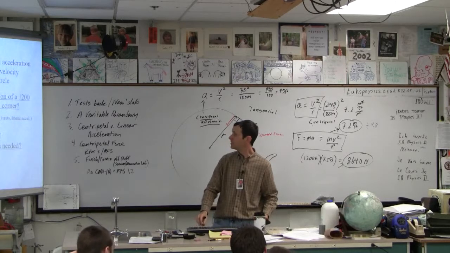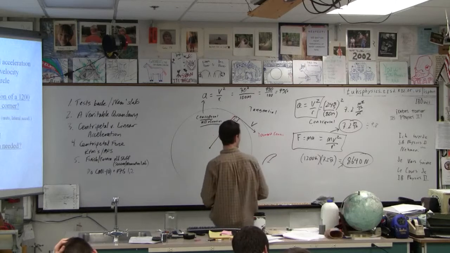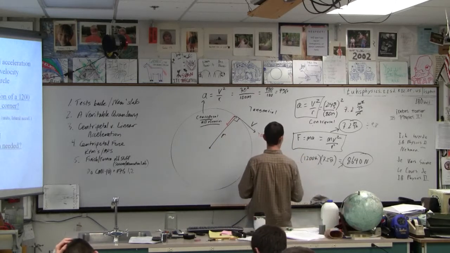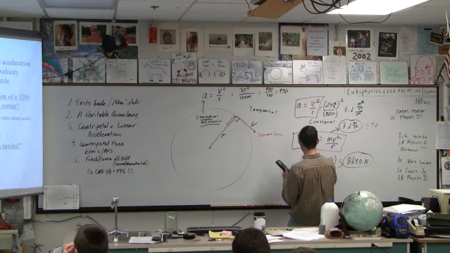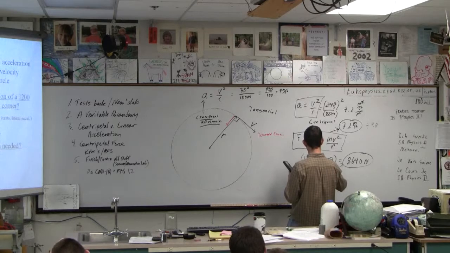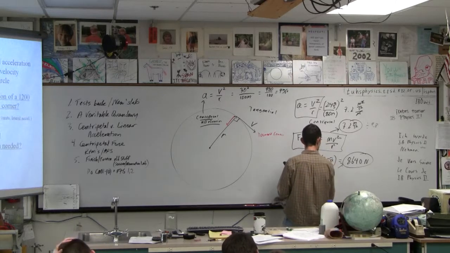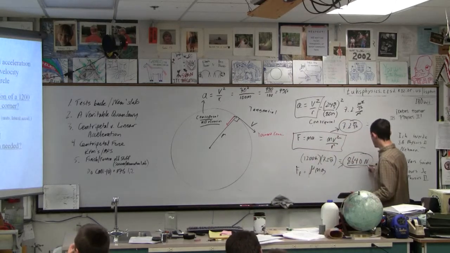What is the minimum coefficient of friction needed? Well, let's see. Oh, that's going to be tough. Can't we use a formula for friction? Isn't friction equal to mu times m times g? Do you remember this? Okay, so I'm just going to use the fact that we know the force has to be 8,640.